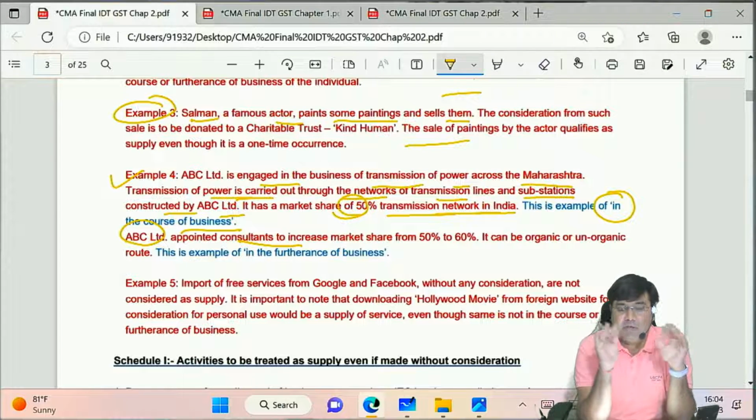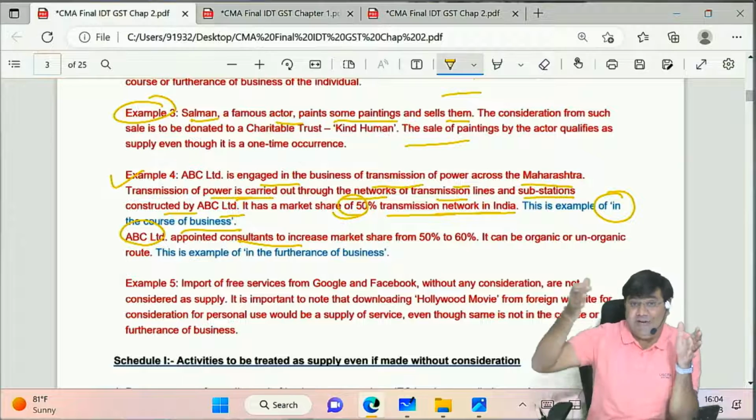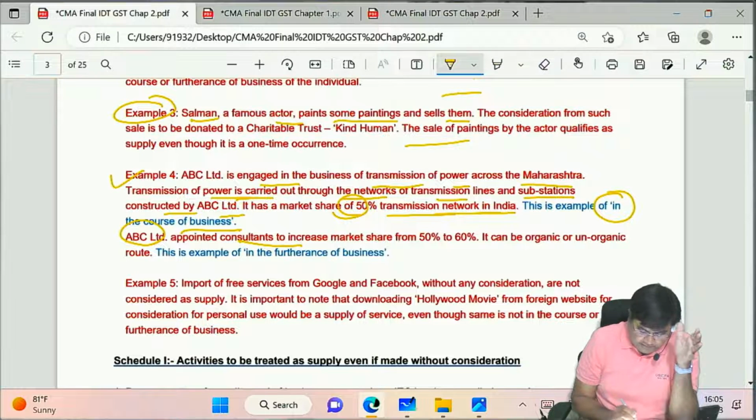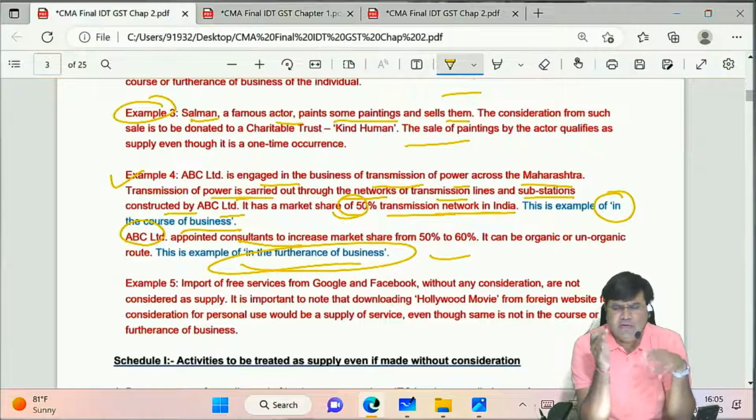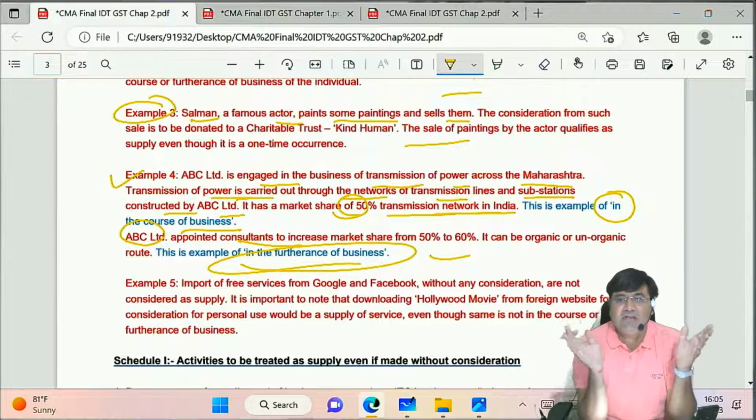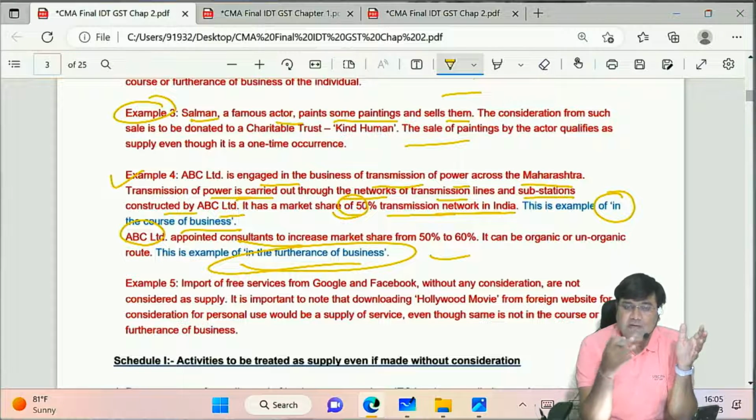So this action of ABC Limited is for advancement of business. So this is an example of in the furtherance of business. I already explained this in the previous chapter. In the course of business means regular activity; furtherance of business means advancement of business, something undertaken for advancement of the business like advertisement, marketing, etc.